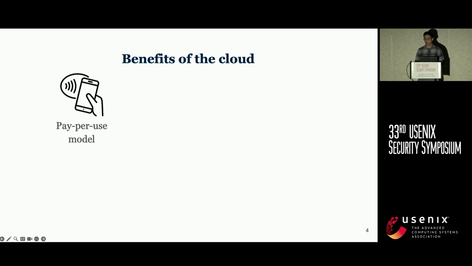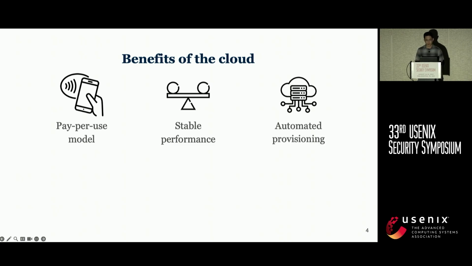This includes its typically assumed pay-per-use model, where you only pay for what you use. Also includes stable performance, because the cloud provides service-level agreements for performance. It also has automated provisioning, because you don't have to provision physical nodes in a dedicated place. You can outsource this to the cloud.